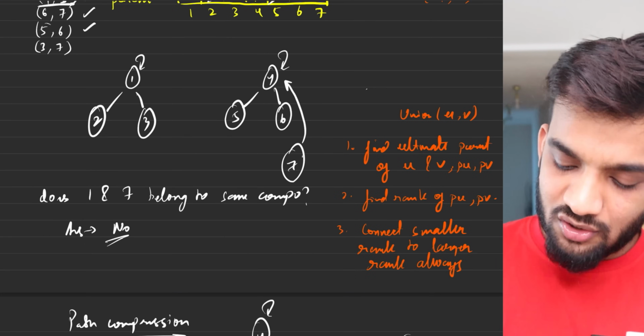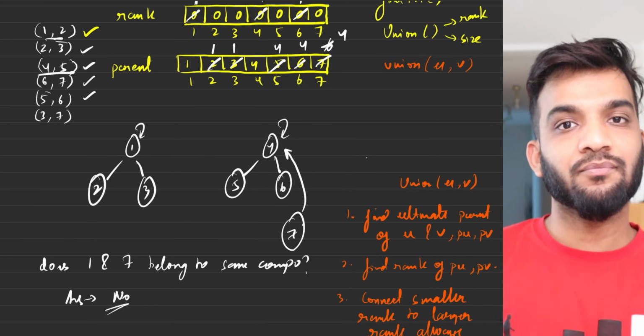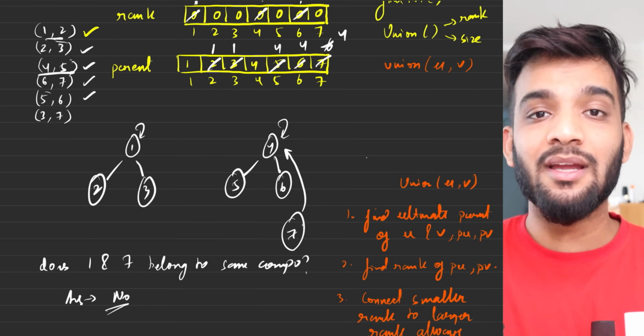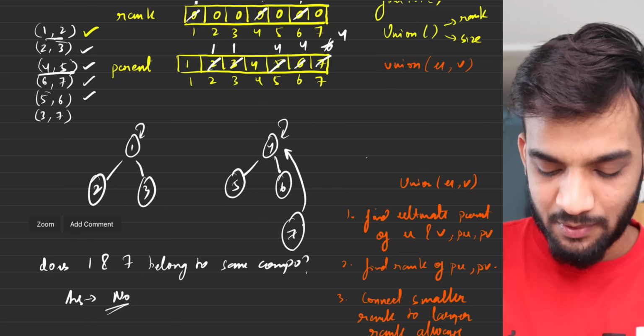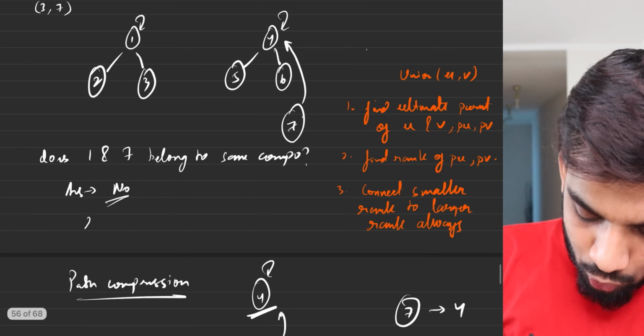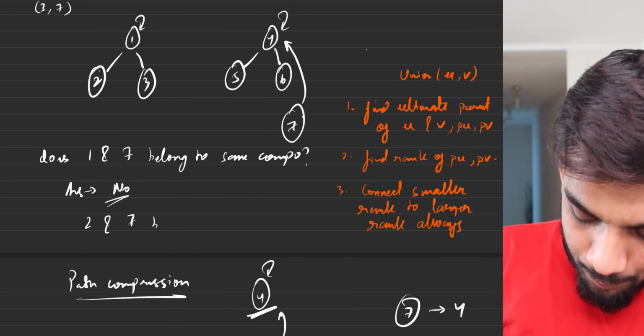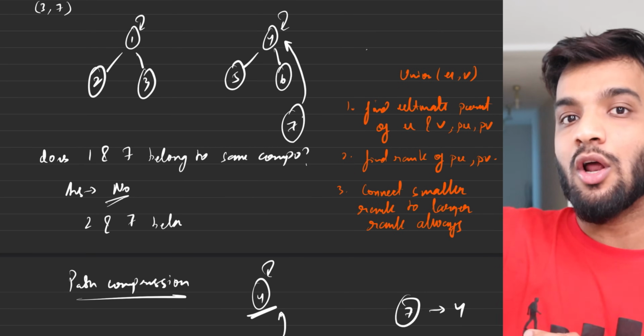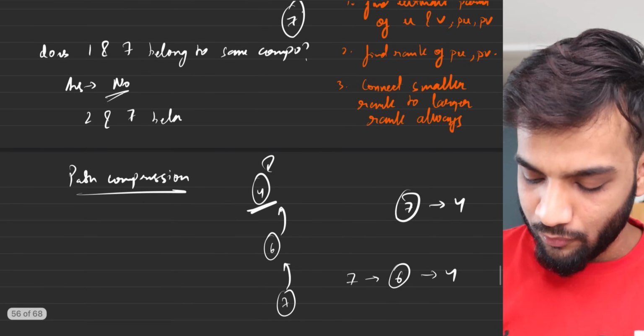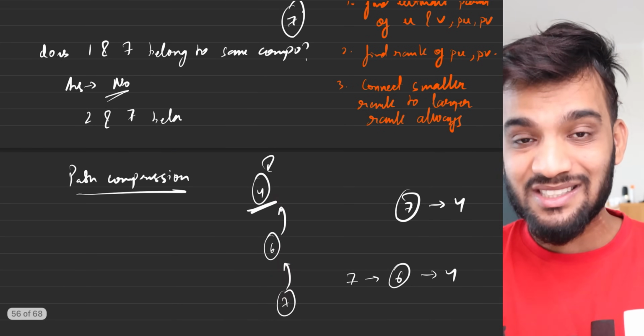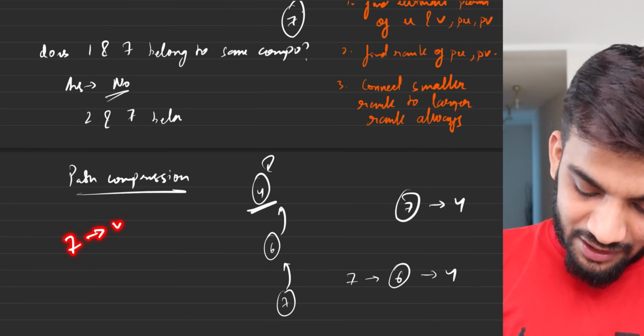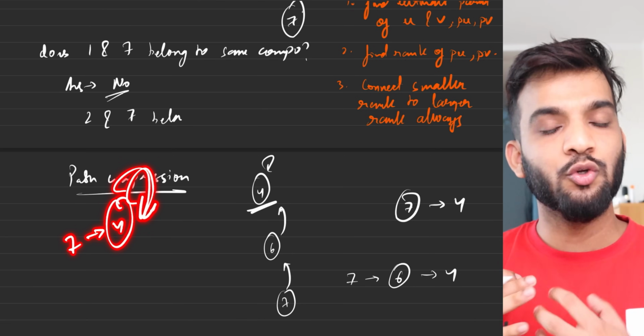So can I change 7's parent to 4? I can, because the next time if someone comes and asks, hey, do 2 and 7 belong to the same component, and you again call find parent, you will not move like 7, 6, 4. Because this time 7 will directly go to 4 and it will find him to be the boss.